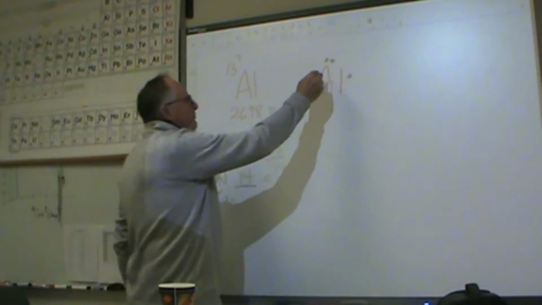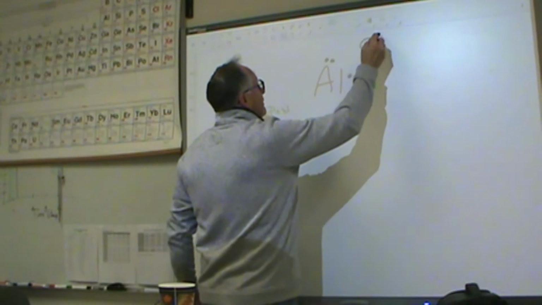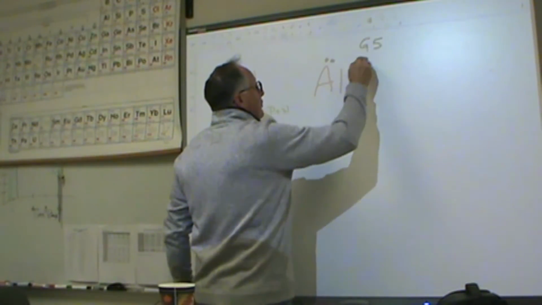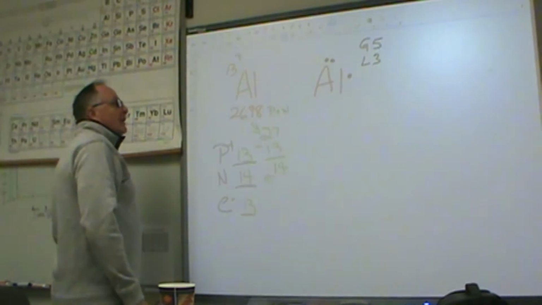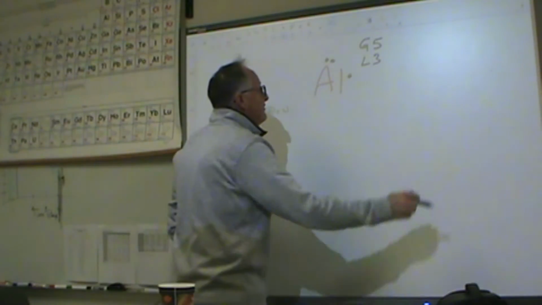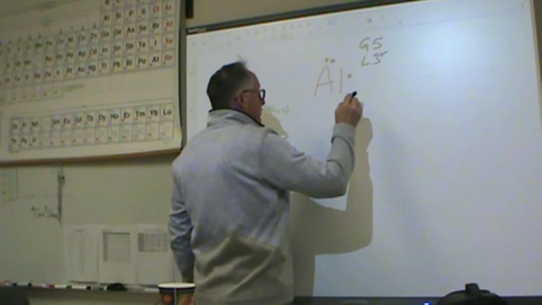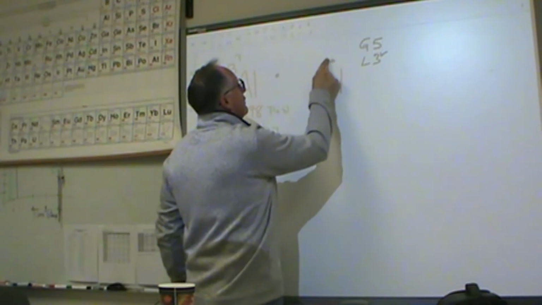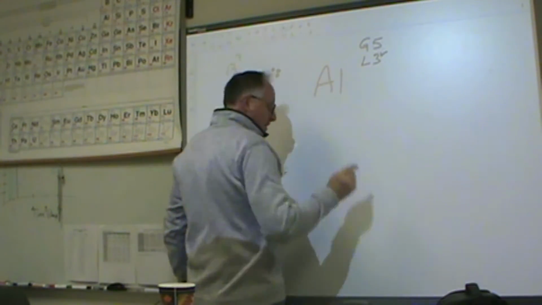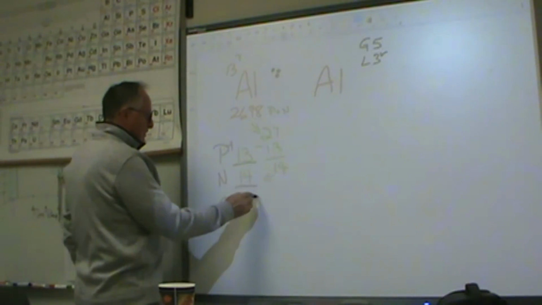Now it can either fill this up, which would mean that it's going to gain 5 more, or it could lose all that it has, which would be 3. And it's always going to pick the easiest one. It's going to lose the 3. So if it loses those, now we have 3 fewer electrons.